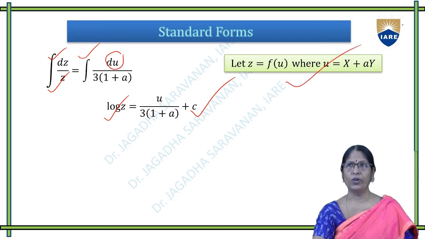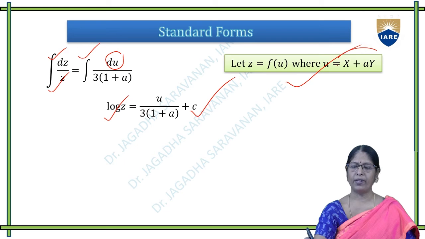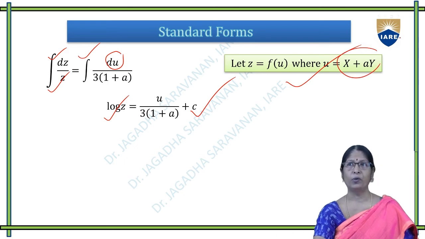So now we know it very well. According to standard form 2, u should be replaced by x plus ay. Capital X and Y we have taken because, according to standard form 5 reduced to standard form 2, we have capital X plus a capital Y. Suppose only this we are doing, standard form 2, then u is replaced by small x plus ay.